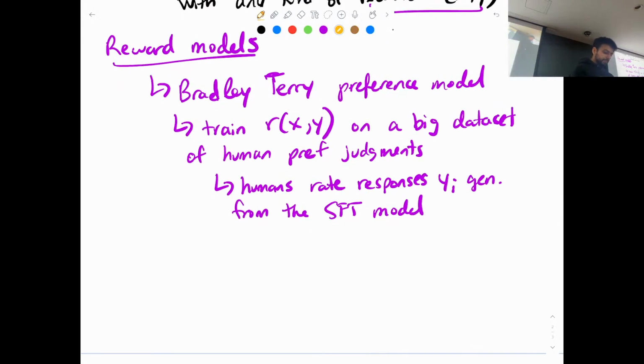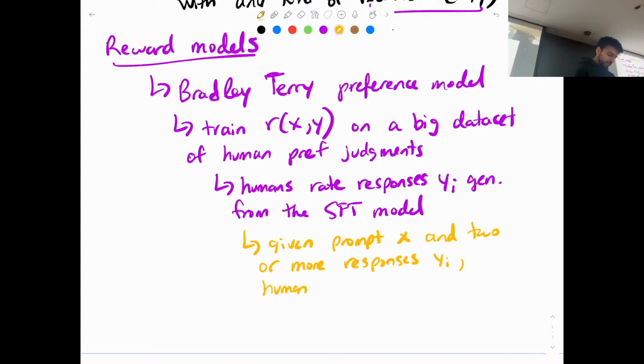Then, just at a high level to explain what these judgments look like, for a human, we give them prompt X and two or more responses y_i.